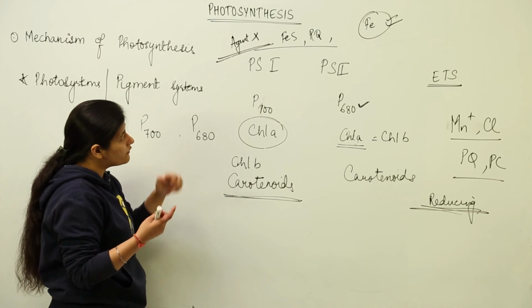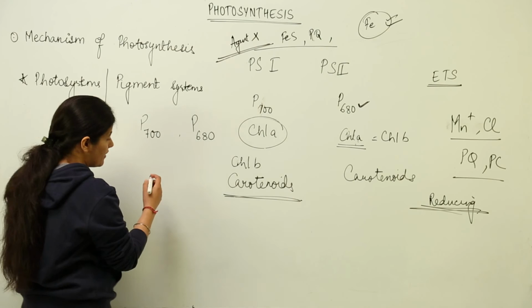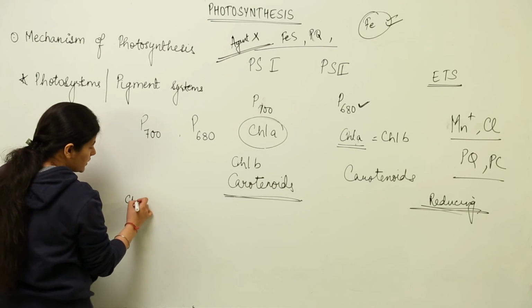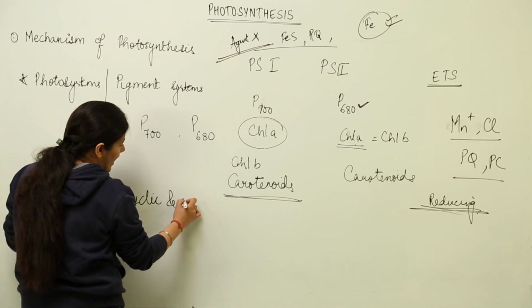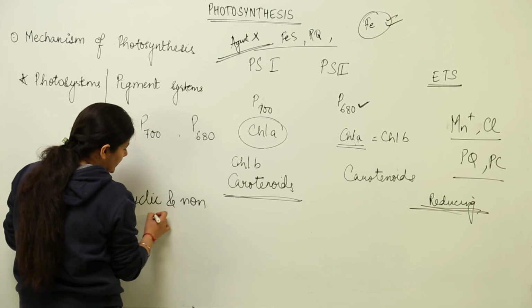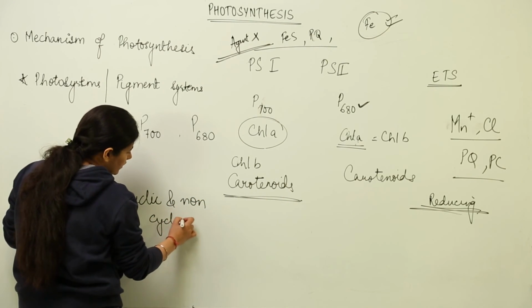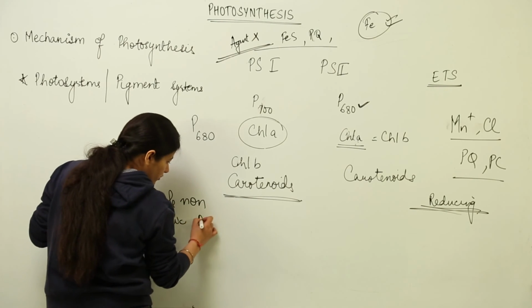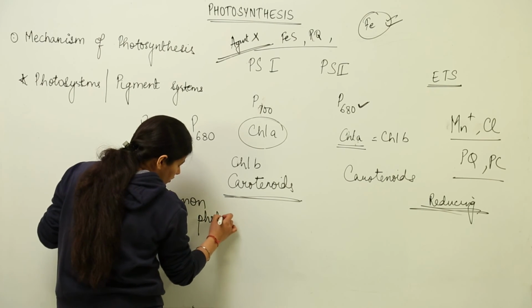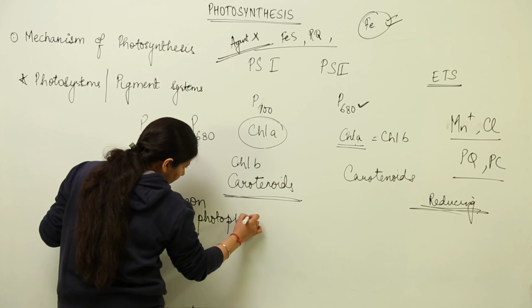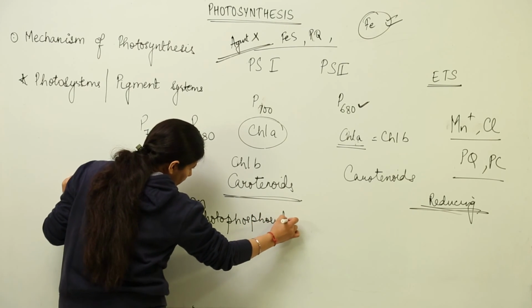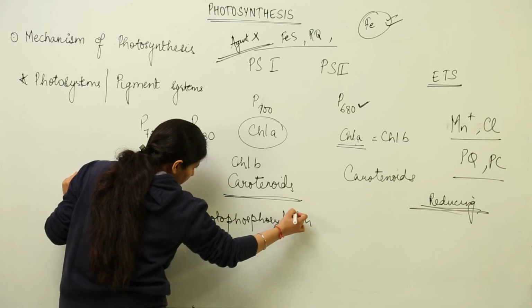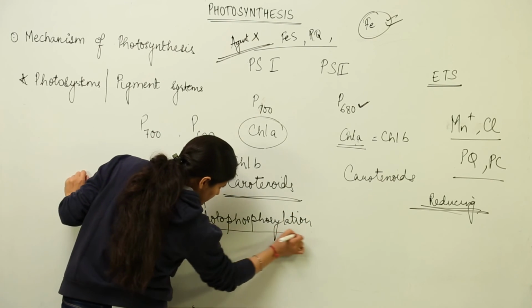One more thing you have to remember, new terms that we have, that PS1 is involved in cyclic as well as non-cyclic photophosphorylation. Now this is a new term. We are going to study in great length what this is.